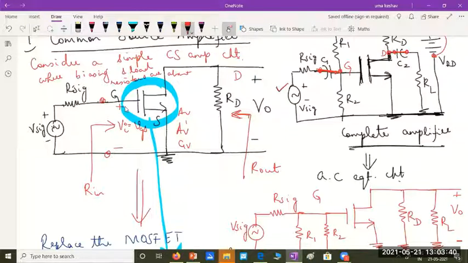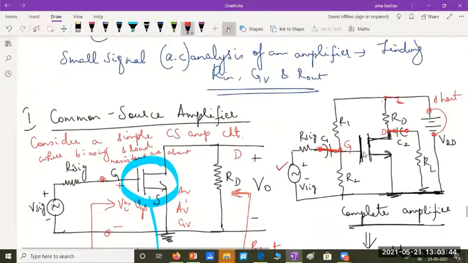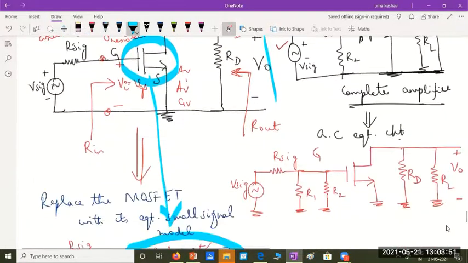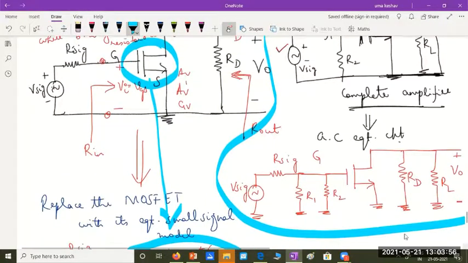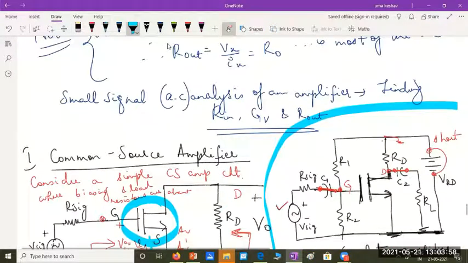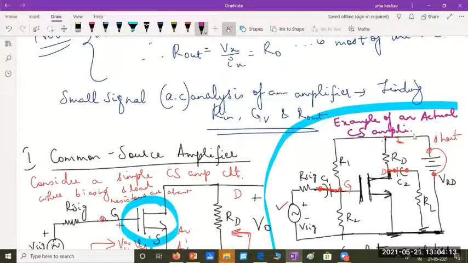Okay. I also showed you an example of the actual amplifier which is given here. So I'll put it separately so that you shouldn't get it mixed up. Sorry. This is an example of an actual CS amplifier.